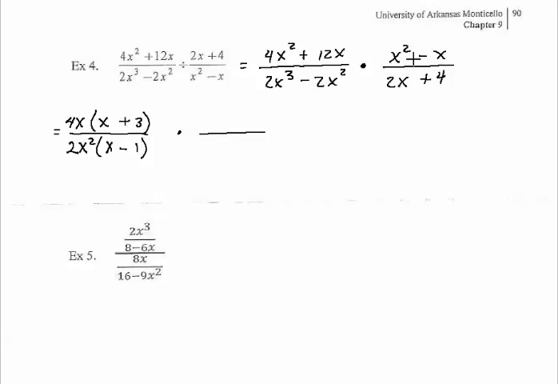For our second fraction, we can factor out an x from these two terms, and we're left with an x minus 1. And for 2x plus 4, we can factor out a 2, and we're left with an x plus 2. Alright, so here we have an x minus 1 that cancels out.